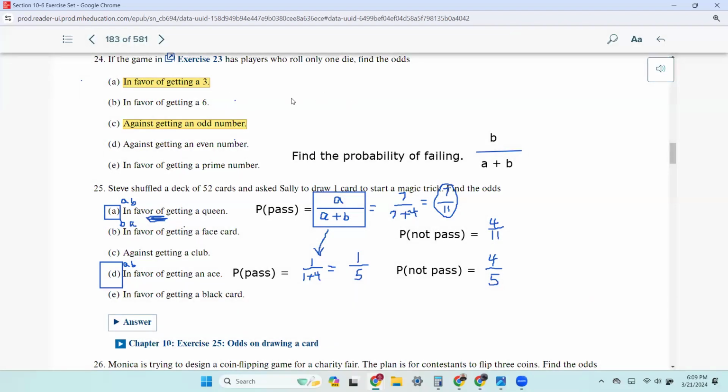So, odds in favor of getting a 3. What we've got to have is the probability to go forward. We've got to have the probability of 3, and that means a sum of 3. Okay. So let's go back over here and look at our sample space.